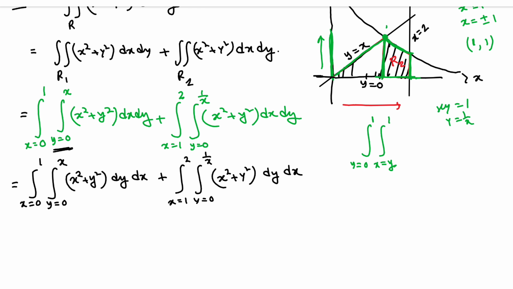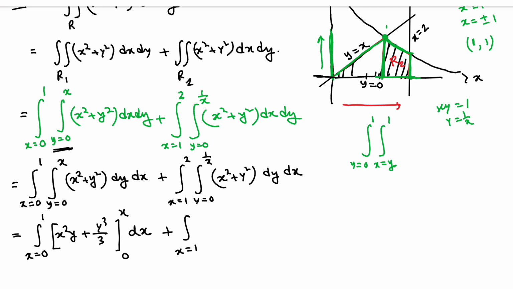Now the first integration is with respect to y, so integration x equals 0 to 1 gives x square y plus y cube by 3, limit 0 to x, dx, plus x equals 1 to 2, x square y plus y cube by 3, with the limit 0 to 1 by x, dx. Now put upper limit minus lower limit.